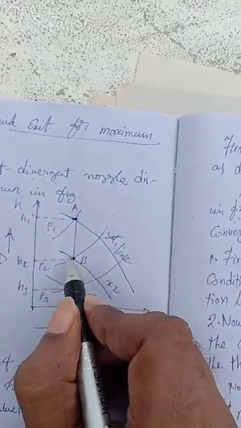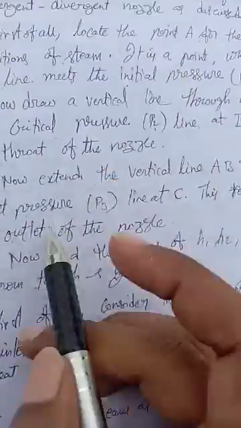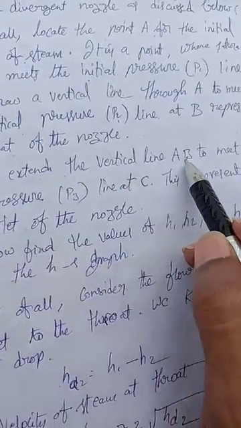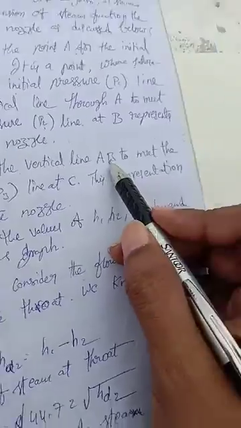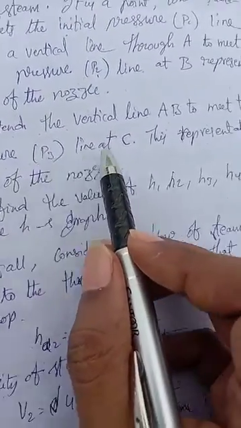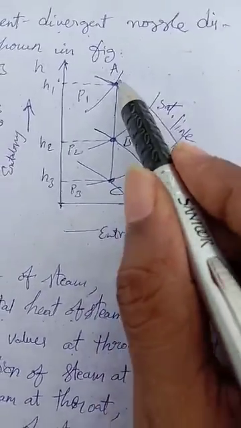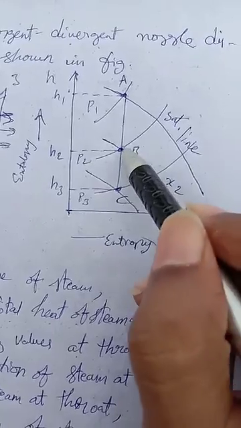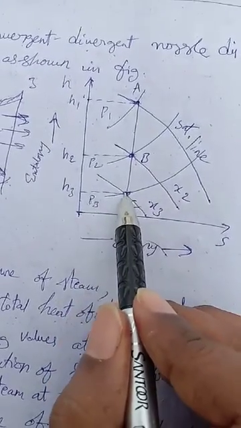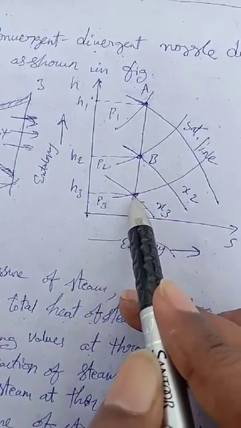That is called the pressure line, saturation line, point B. Now extend the vertical line AB to meet the outlet pressure P3 at the point C. Now this is called P3, where the AB line meets at the point called C.